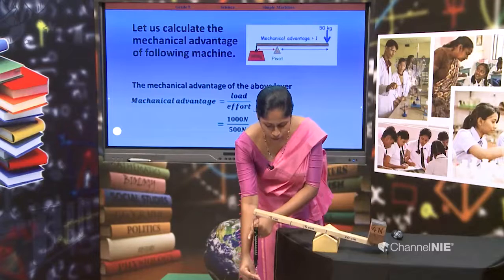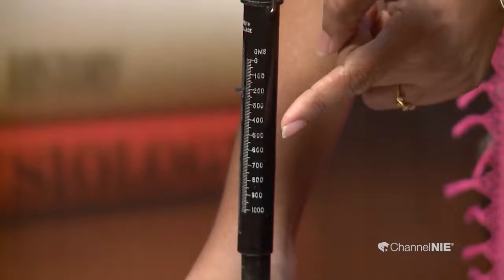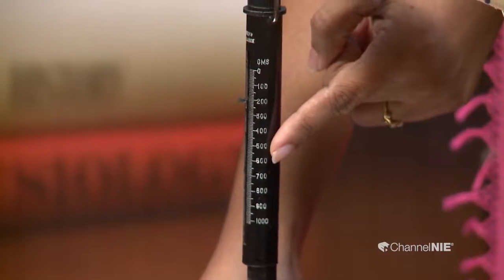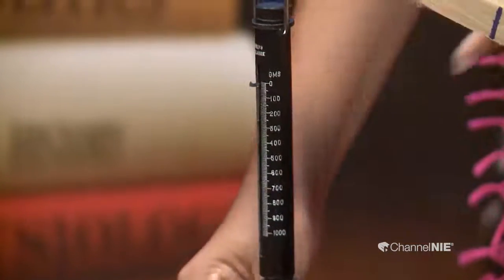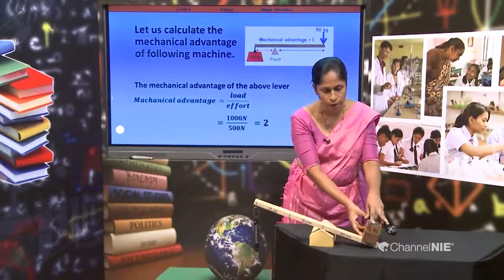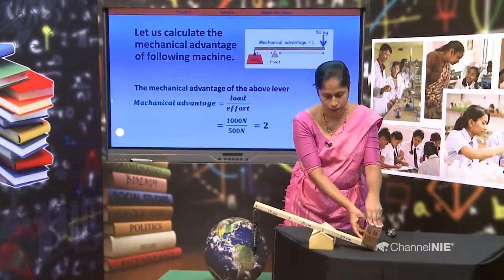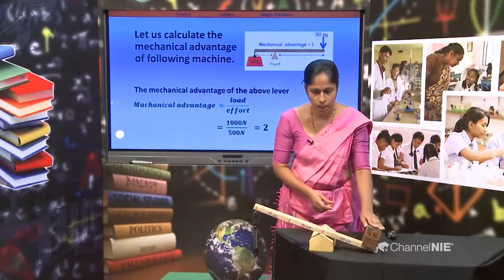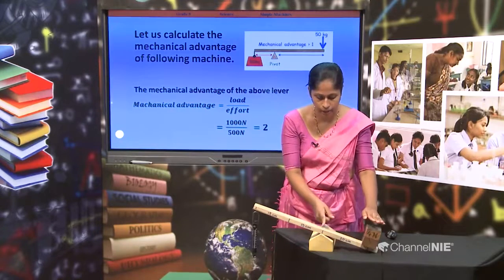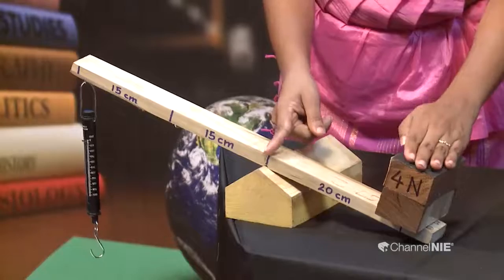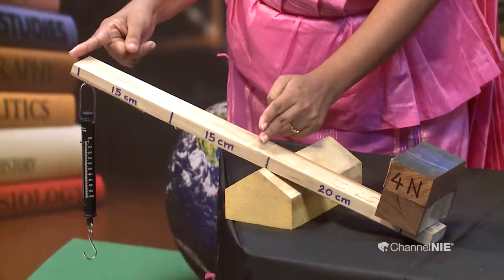You can see the force exerted is 2 Newton, but the load is 4 Newton weight. The effort we used is less than the load, and you can see the load arm is shorter than the effort arm.